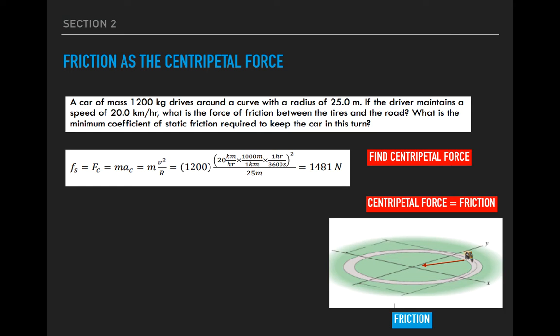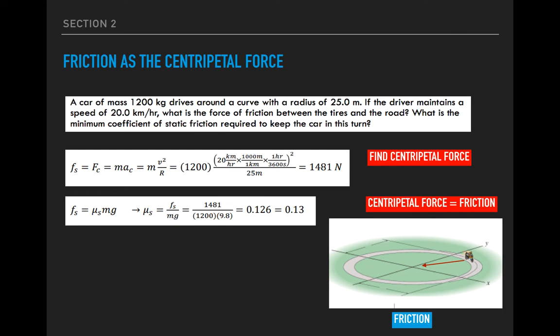That would be mu for us, and that's equal to the centripetal force, capital F subscript c. So now we use F is equal to mu R. R is the reaction, and if the object stays on a horizontal level, the force down will equal the force up, so mg will equal R. So the friction force is equal to mu R, and R is equal to mg. You do a bit of rearranging, fill in your values, and you get 0.13.